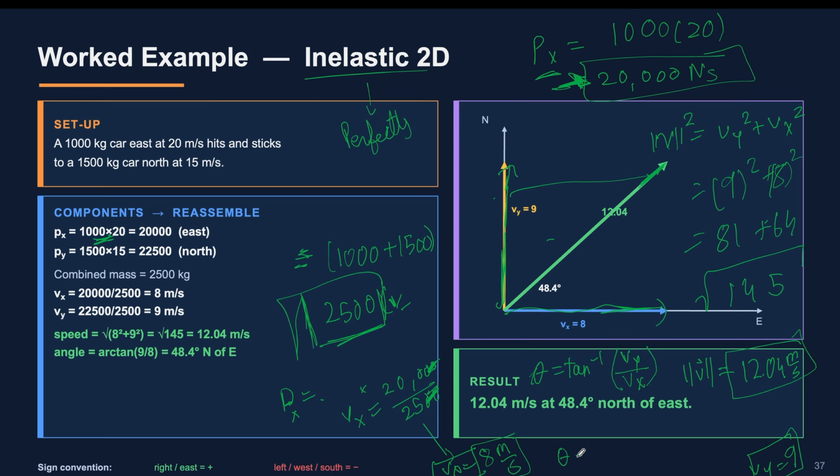So theta is equal to the arctangent of 9 over 8, or approximately 48.4 degrees. Okay. Be careful with the arctangent, right? You can get an angle in the other quadrant, but you can still get the same angle if you use that. So even if you had a car going in this direction, you'd still get 48.4, even though this is actually like 48.4 plus 180. But you don't need to worry about that, okay?